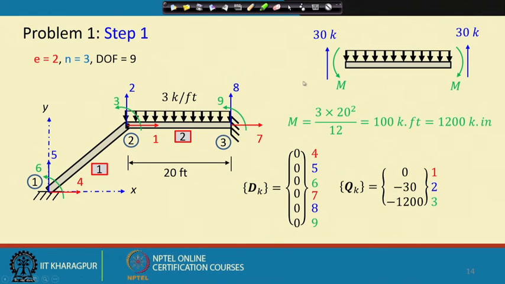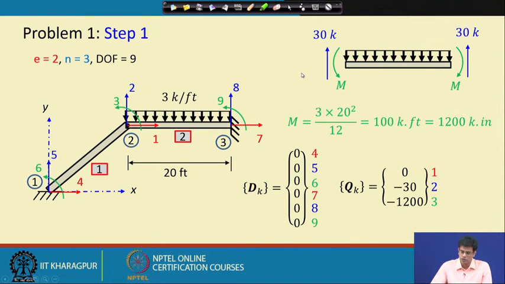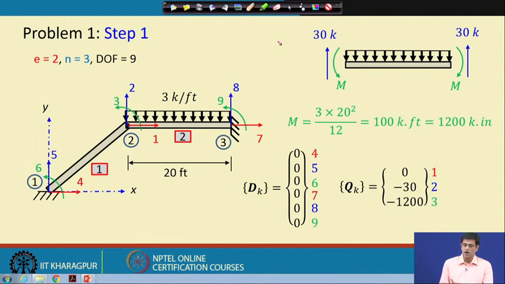We can explain this once we assemble. Now, the Q, the force vector. Since there is a UDL, there will be a fixed end moment. We know the fixed end moment formula for these.